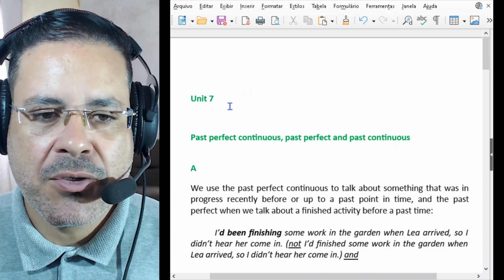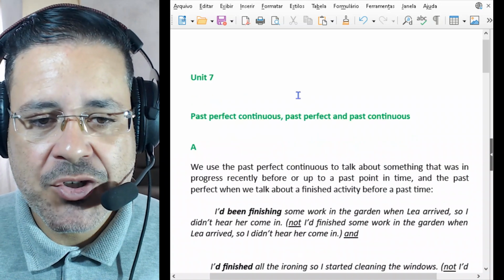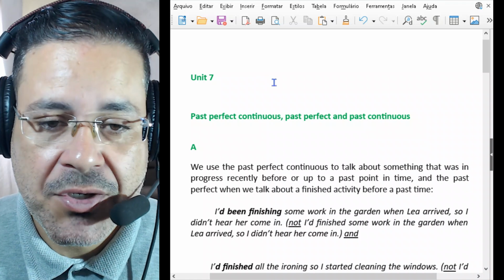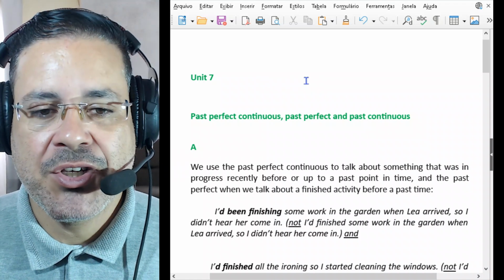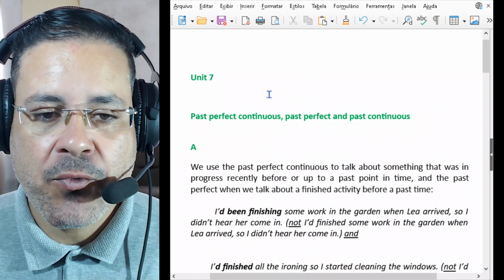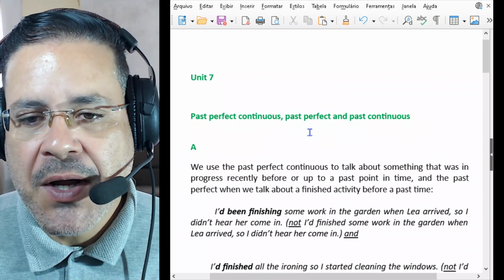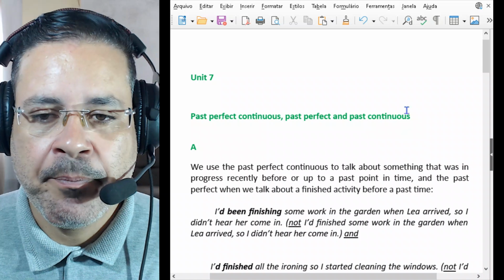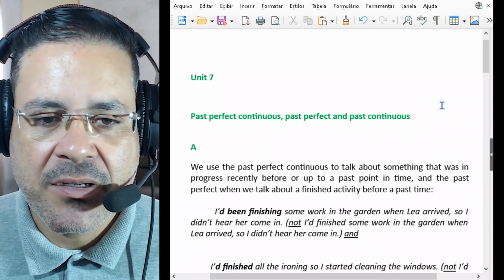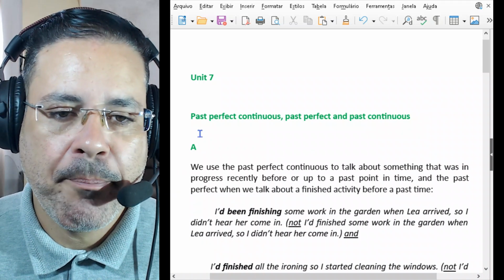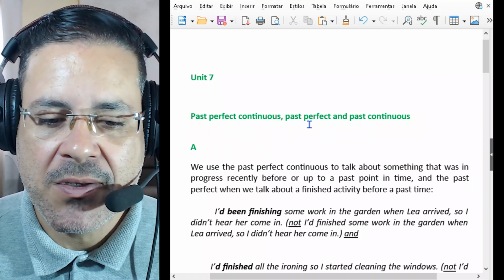We're talking about the past, and today we're going to be talking about the past perfect continuous and its relation with the already studied past perfect and past continuous. But basically, our focus is going to be on the past perfect continuous.